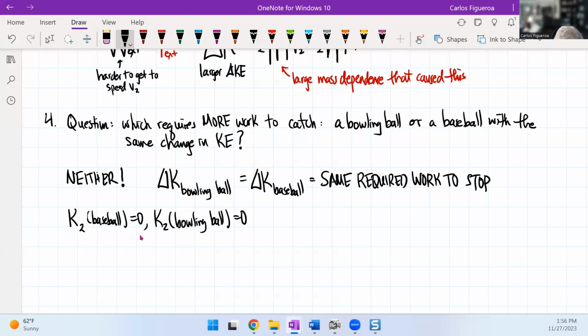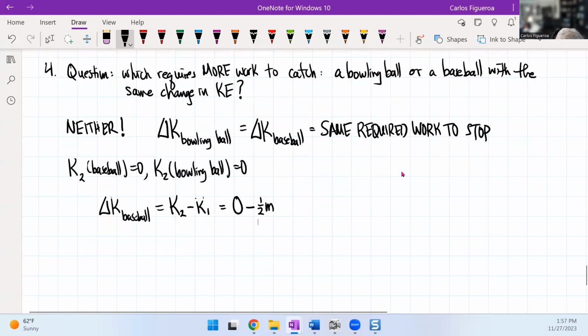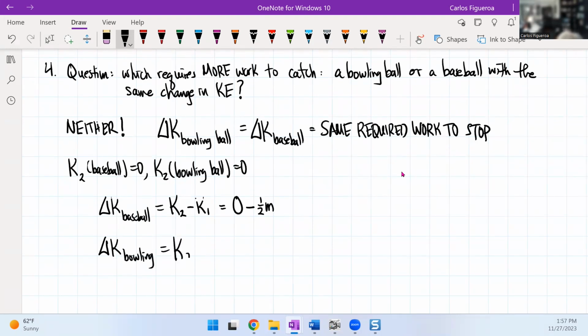So then when I look at the change in kinetic energy of the baseball, this should be K2 minus K1. So this should be 0 minus, and then we can see here that the mass has to be smaller. But if I look at the kinetic energy of the bowling ball, that has to be 0.